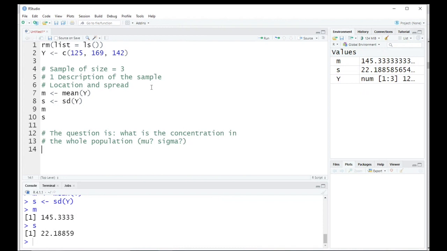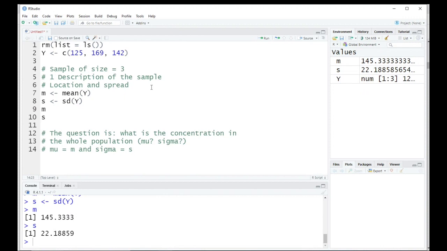So we might say that the most reasonable thing we can do is to say that mu is equal to m and sigma is equal to S. So this is our point estimate. The most reasonable thing we can do. Okay, because we have no other information.